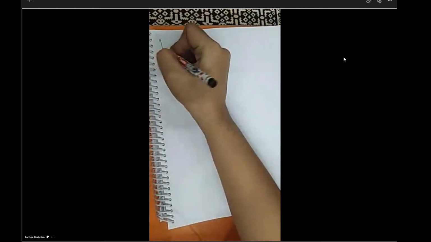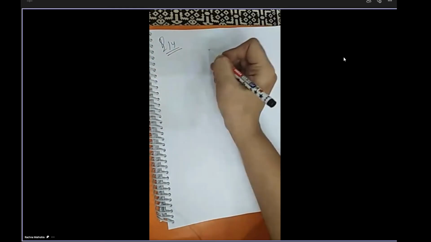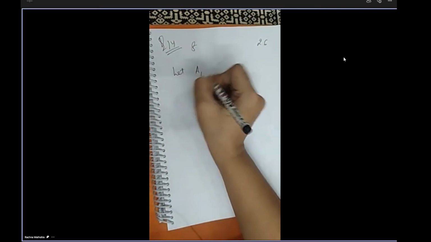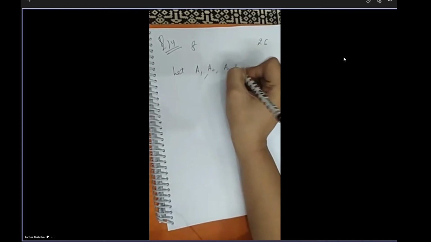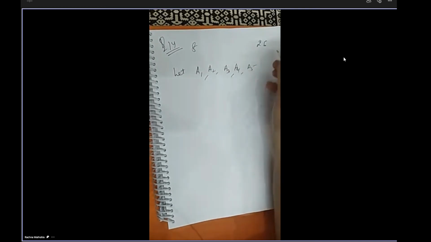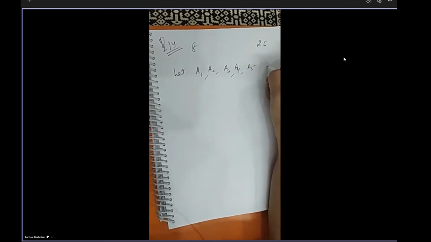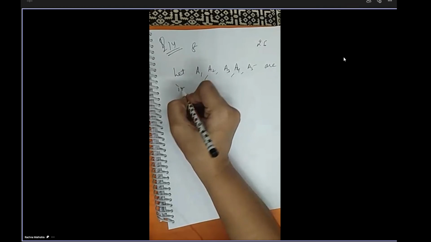Question number 14. Insert 5 numbers between 8 and 26 such that the resulting sequence is an AP. The question says insert 5 numbers between 8 and 26, and the resulting sequence is an AP. So let the numbers that we are inserting be A1, A2, A3, A4, A5.